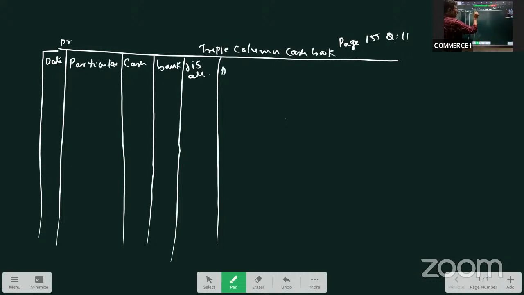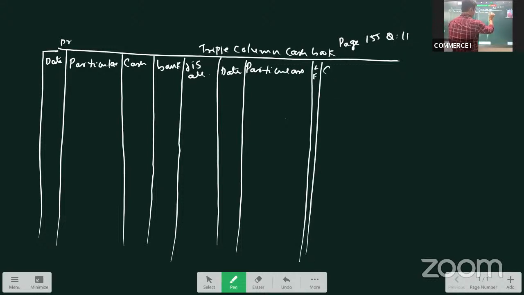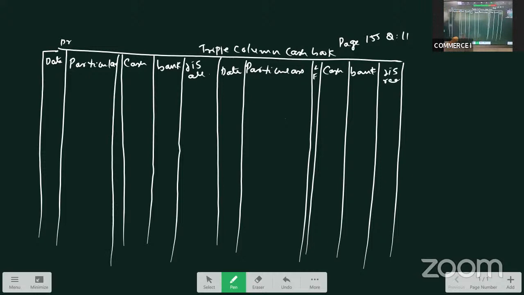Similarly, on the credit side: date, particulars, LF, cash, bank, and discount received. Date, particulars, LF, cash, bank, discount.